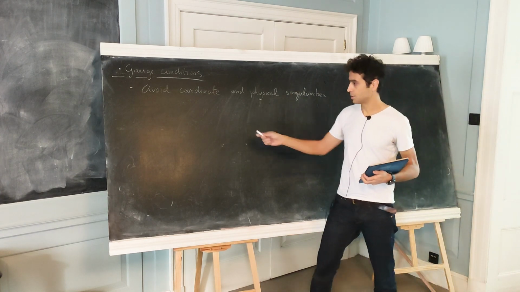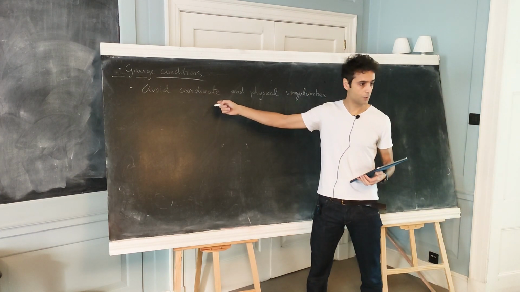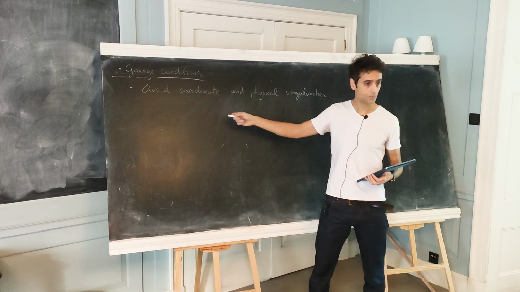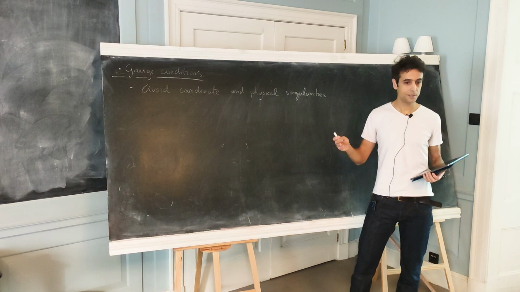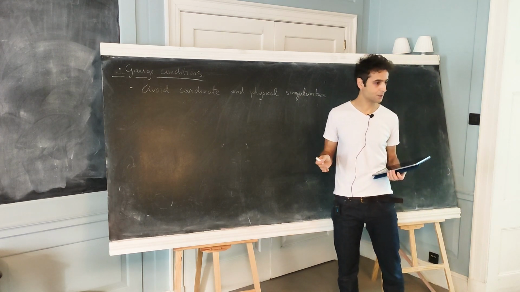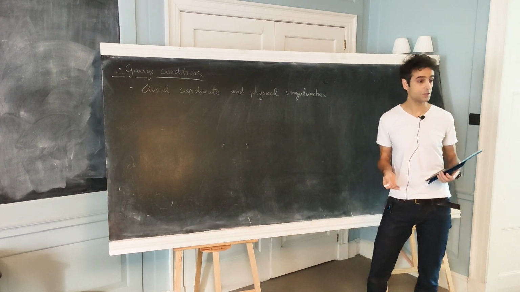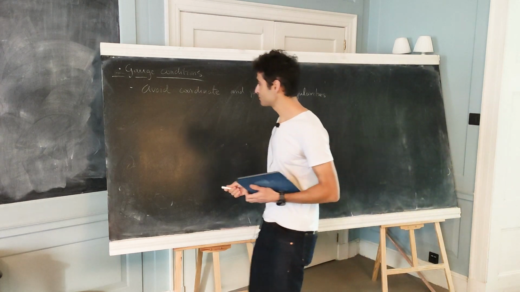But one key point is that you need to avoid the formation of coordinate singularities, because coordinate singularities for numerical computation have in some sense the same effect as a physical singularity, which is that the code crashes. Okay?